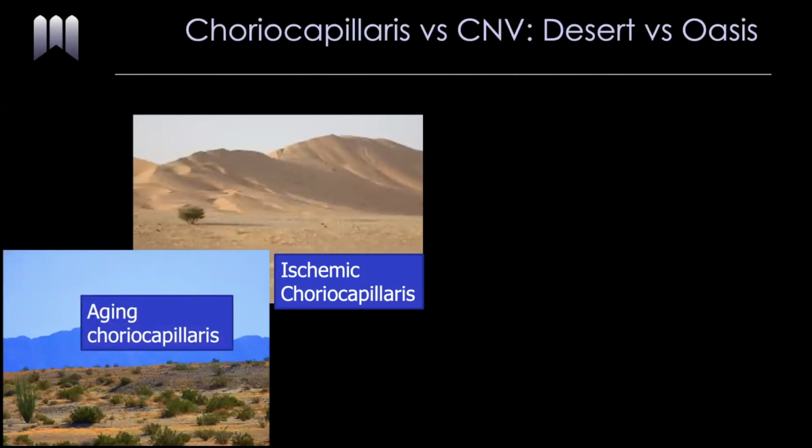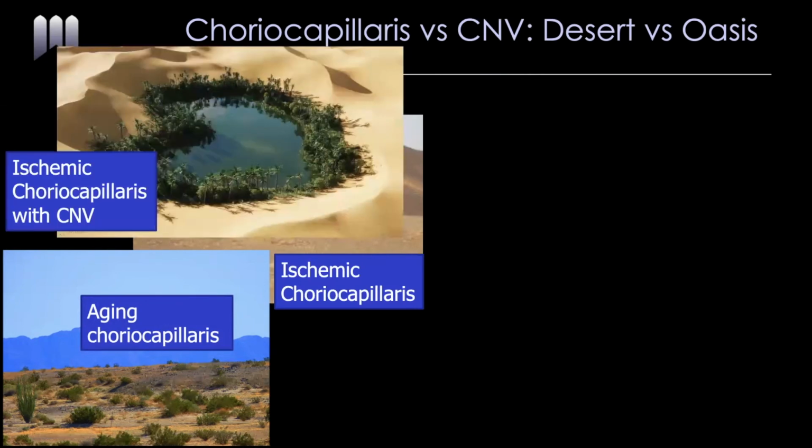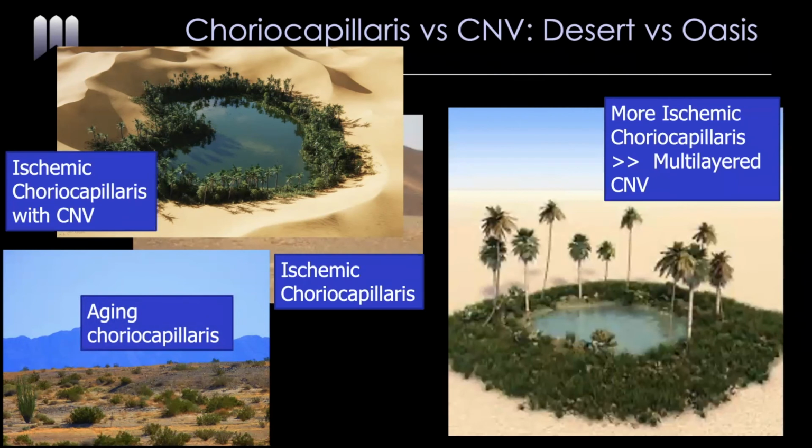And then at some point, the RPE becomes stimulated to secrete angiogenic factors and grow an oasis of neovascularization. And if that ischemic RPE is actively secreting, maybe this CNV would grow into a more complex three-dimensional structure. So that was our hypothesis.